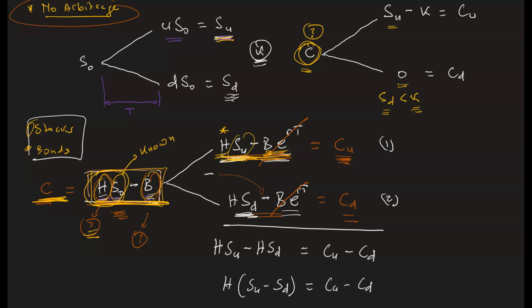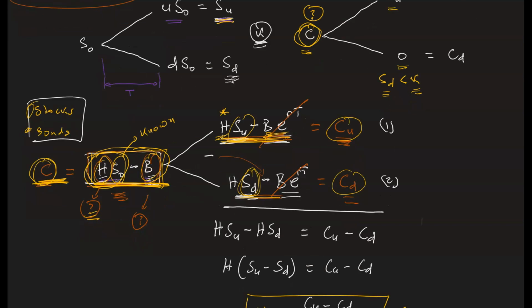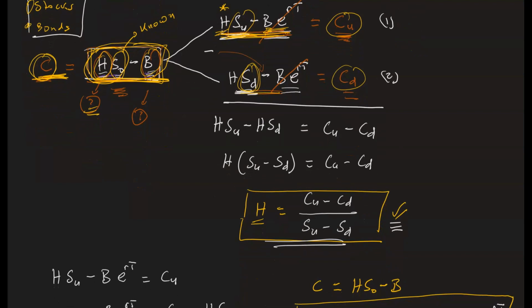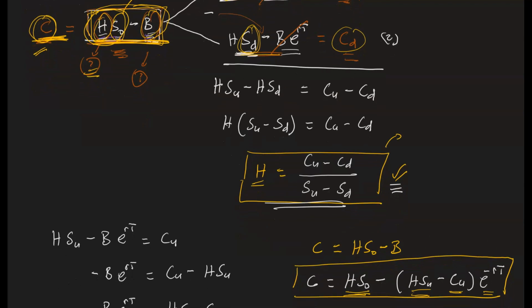If that future value of the portfolio is equal to call up here, and the future value of the portfolio, if the stock price decreases, is equal to call down, all that means is that the value of the portfolio today is exactly equal to the value of the call option. And so if we did that, then we can find what h is, that is how many stocks we should have in that portfolio for every bond that we are trying to create. And h is also what we refer to as the delta of the option.